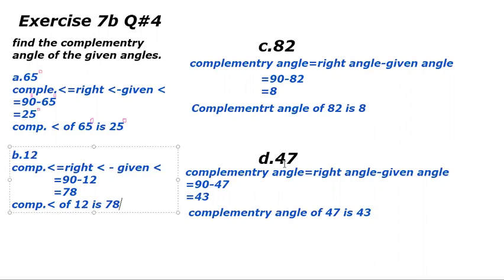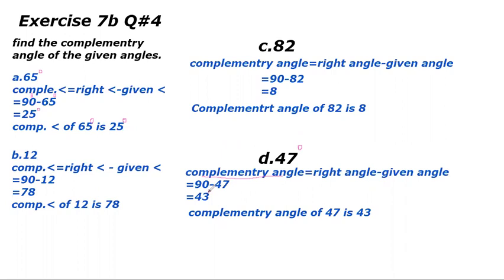Similarly, the D part is 47 degrees. This is our given angle. We will use the same formula: complementary angle equals right angle minus given angle. 90 minus 47 gives us 43 degrees.